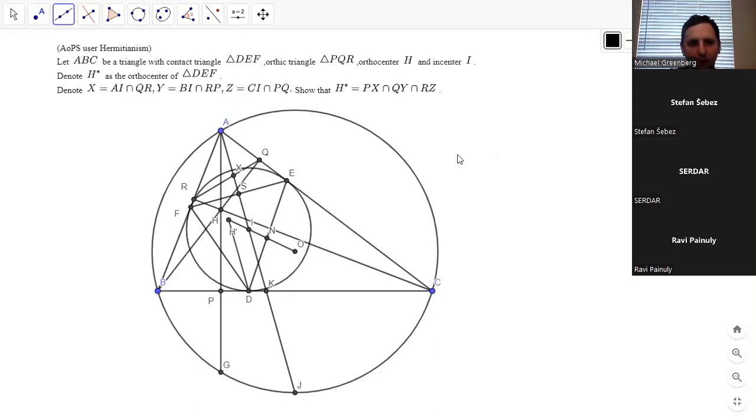It is the hardest part, probably. Yeah, because then you need the length of an angle bisector, and that's really messy.